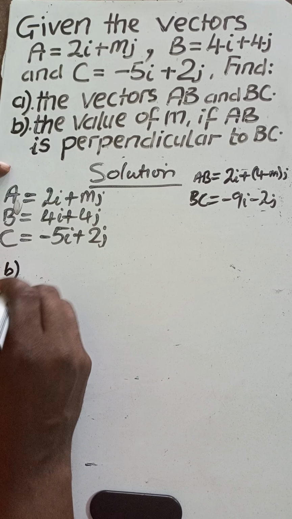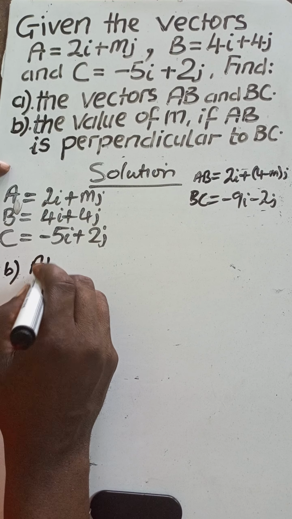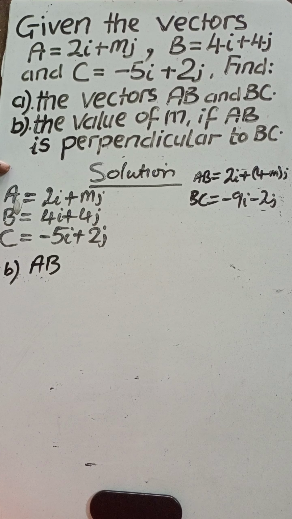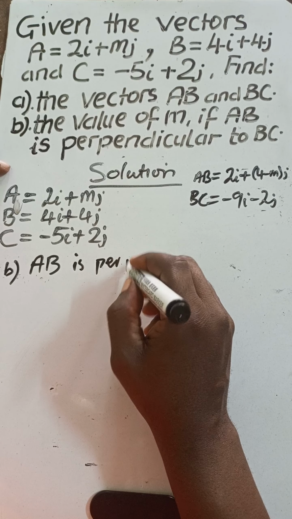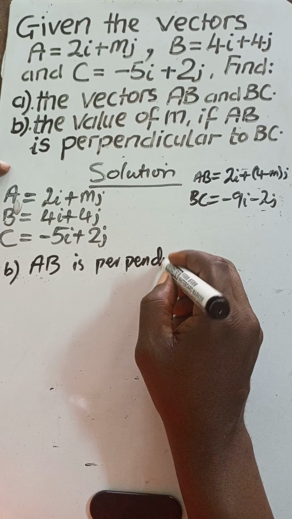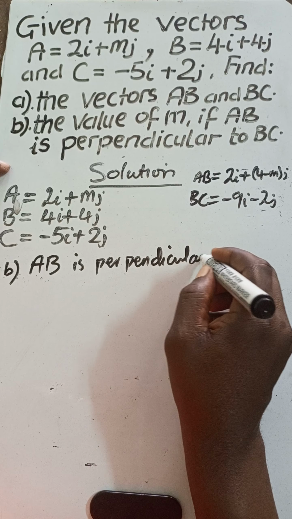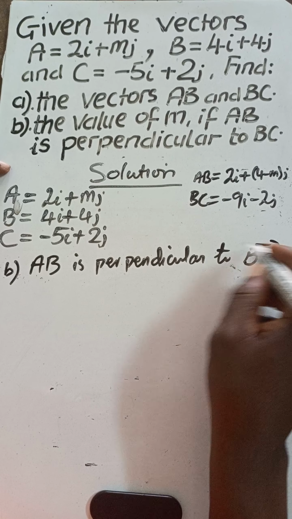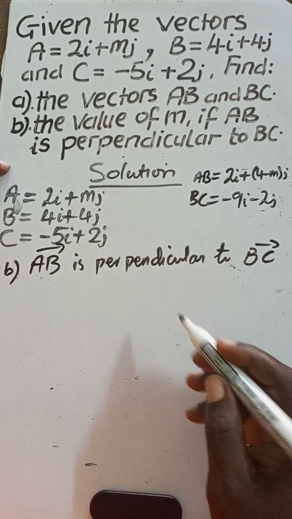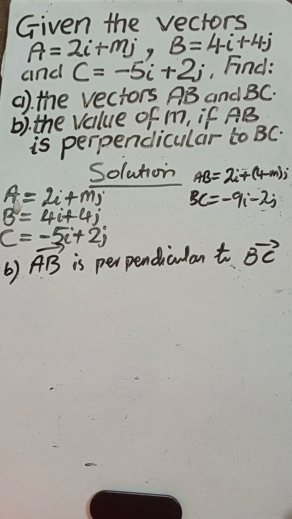Question B. We are told that the vector AB is perpendicular to the vector BC. When do we say two vectors are perpendicular?